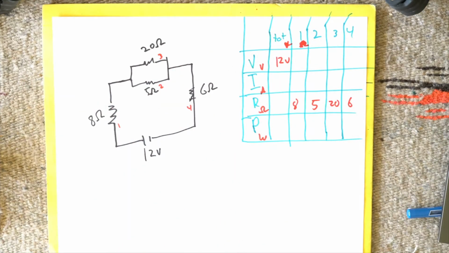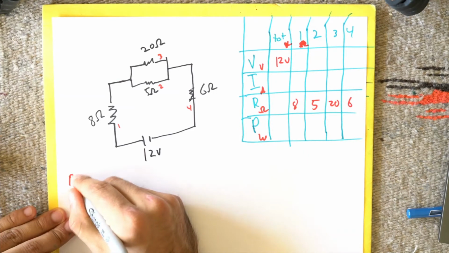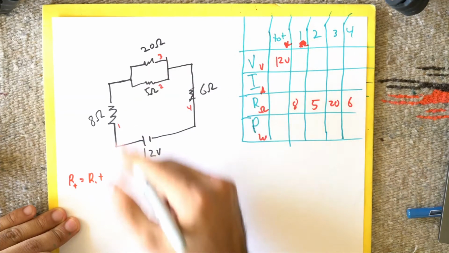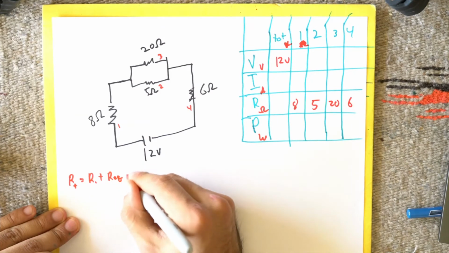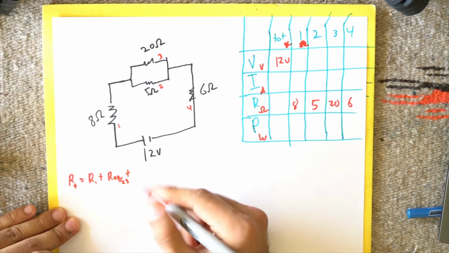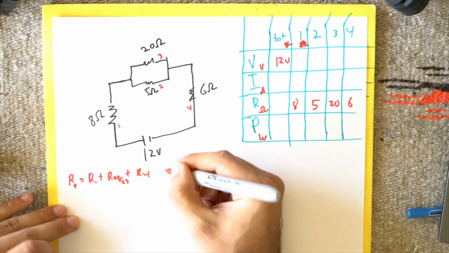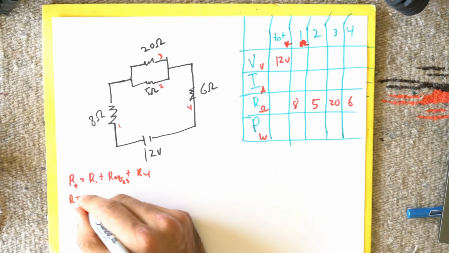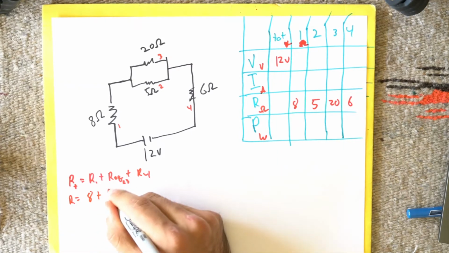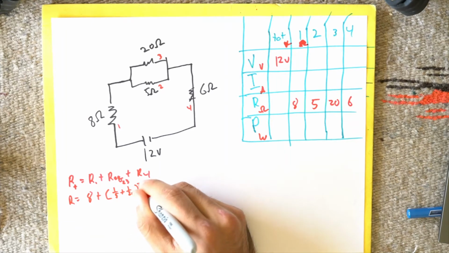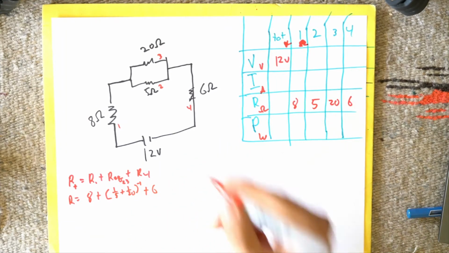So my total resistance, R total, is going to equal R1 plus my R equivalent of these two, R2 and R3 in parallel, and then R4. So if you were to write it all out in a calculator, you can do R equals 8 plus parentheses 1 over 5 plus 1 over 20 to the negative 1 plus 6.